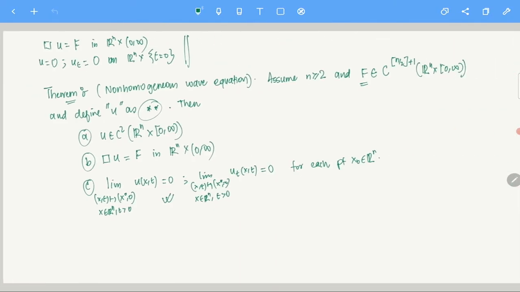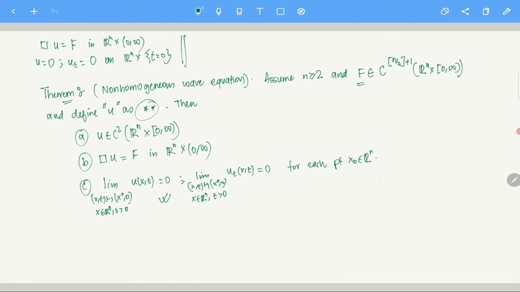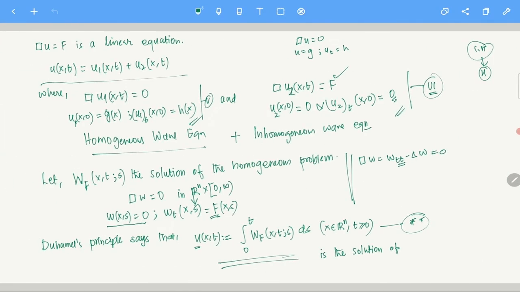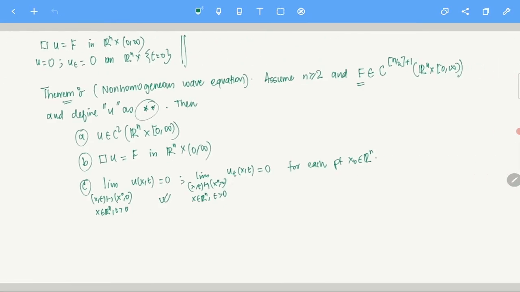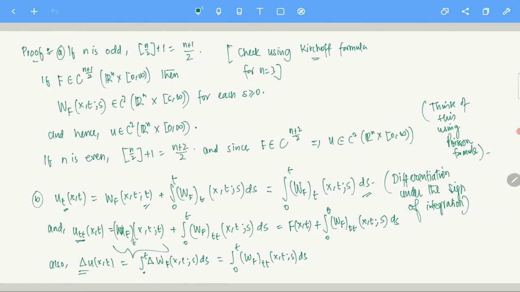Okay, so at t equals 0, you do understand as t approaches 0, this integral becomes from 0 to 0, which is 0, and the same holds for ut also. Okay, so ut is given by this. Now as t tends to 0, you do realize that this is going to 0, right? So there is nothing else to prove, I am just leaving it to you, so please do it yourself.